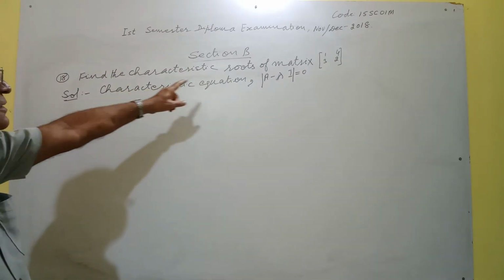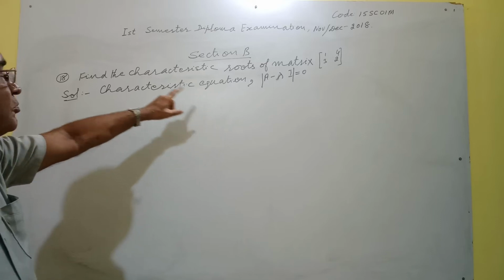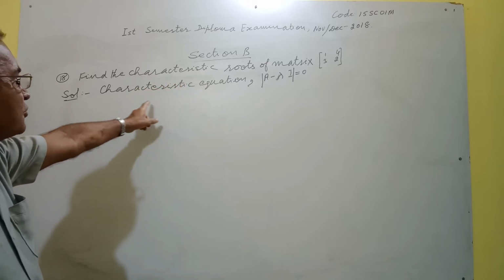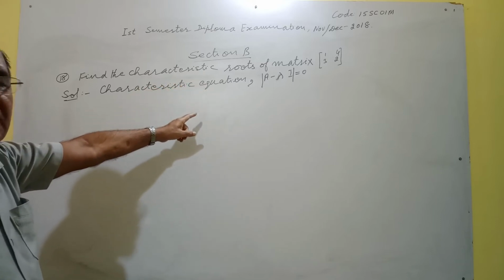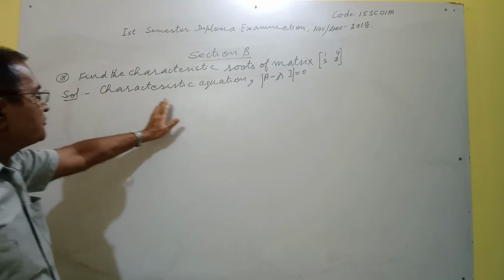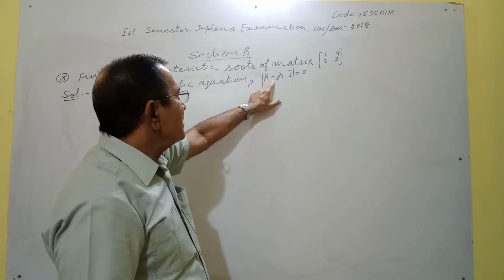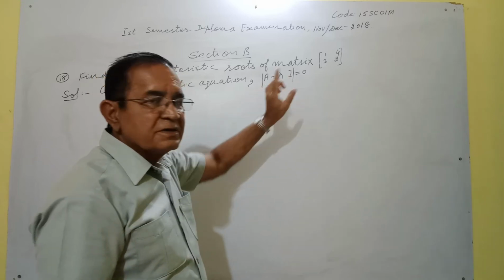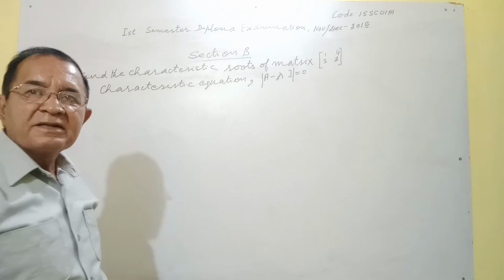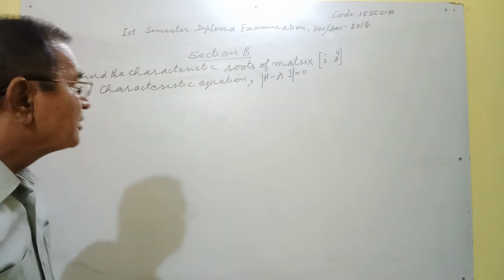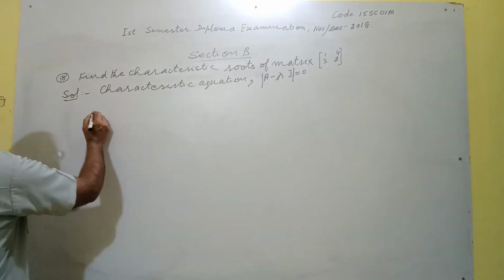We want to find the characteristic roots. Before finding the characteristic roots, we have to go for the characteristic equation. Characteristic equation for a matrix is written as determinant of A minus lambda I equals 0. How we will find?